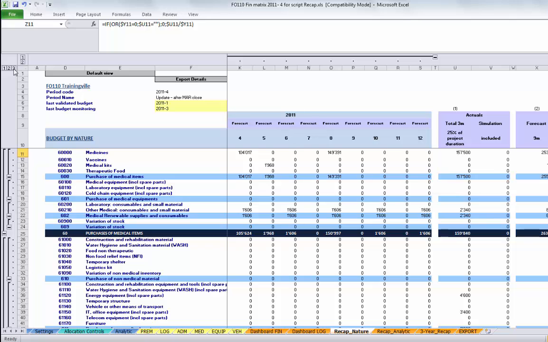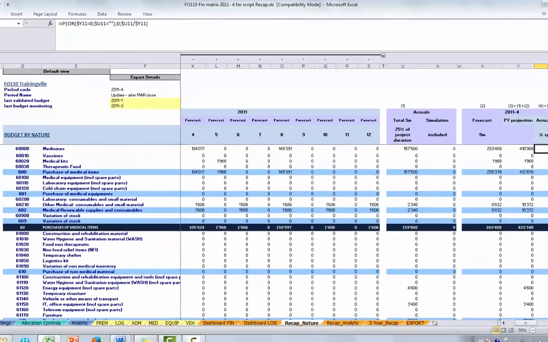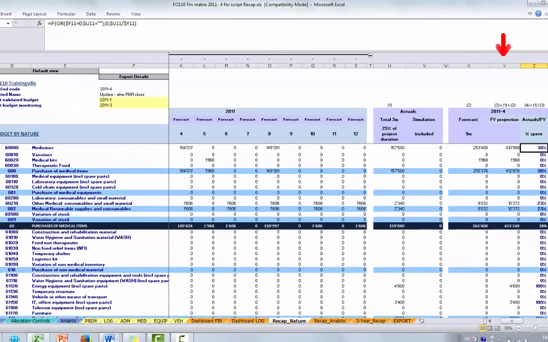The cost of the project for the BMR period, 2011-3 in this matrix, is in column Y and called full year projection. This is the sum of actual data which was imported in the matrix and available in the U column, or simulations in the V column.